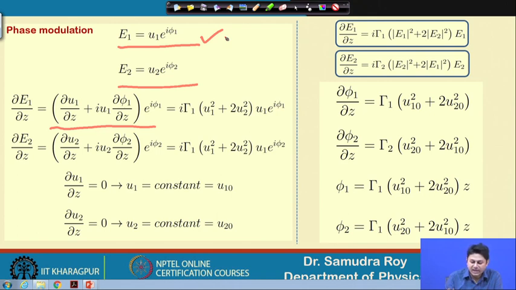On the right hand side, we have i gamma 1, then mod of U1 square, which is nothing but U1 square, the amplitude. 2 mod E2 square is similarly 2 U2 square, where U2 is the amplitude of the field E2, and then the total field E1 is U1 e to the power i phi 1. So, from this equation we can see that e to the power i phi 1 will cancel out.